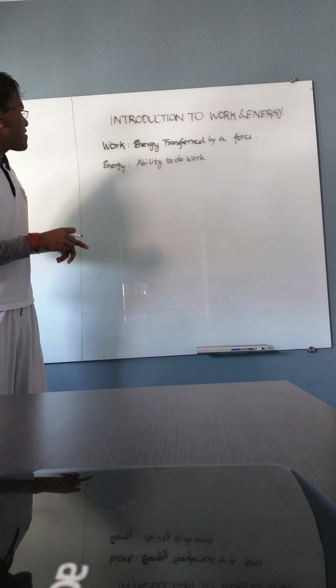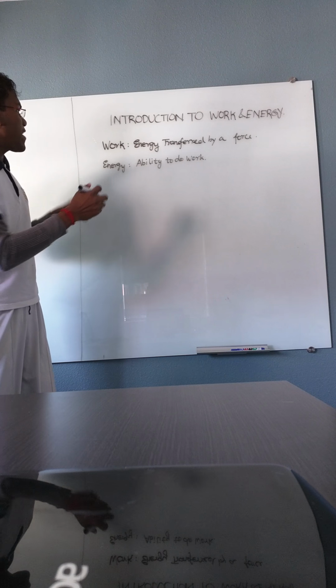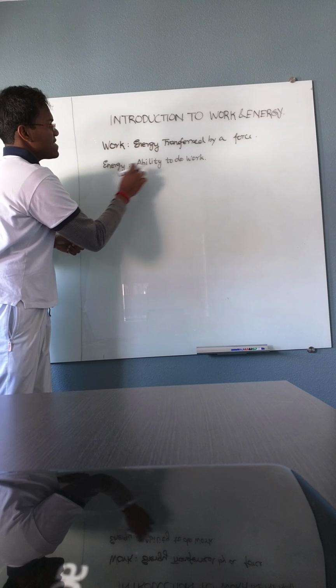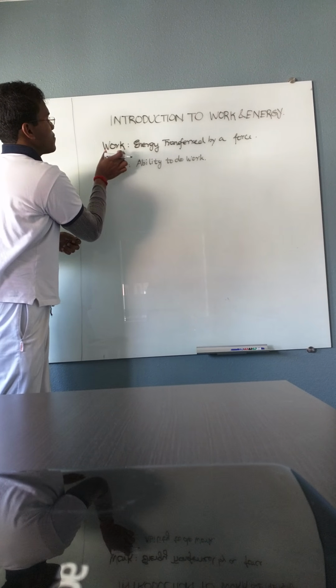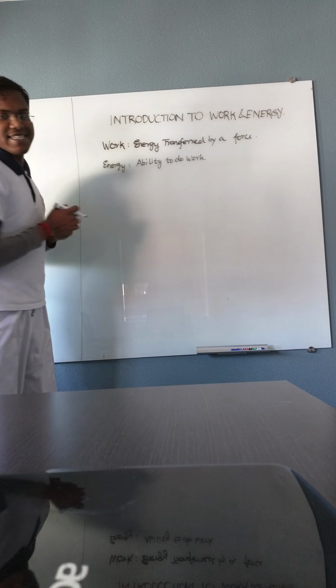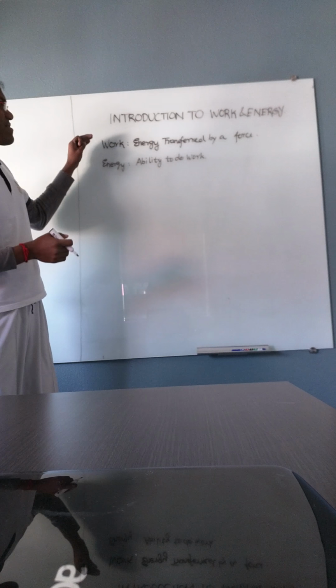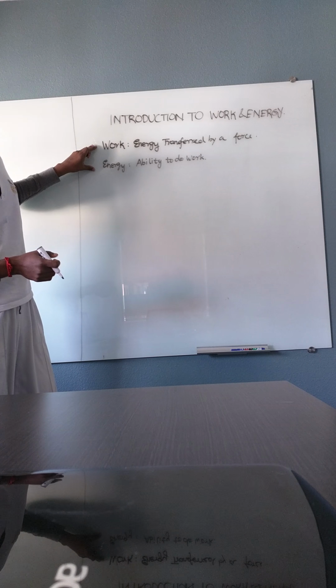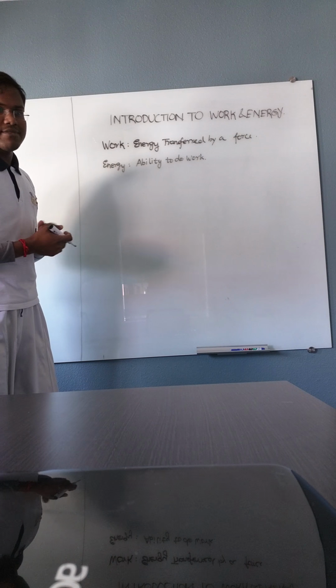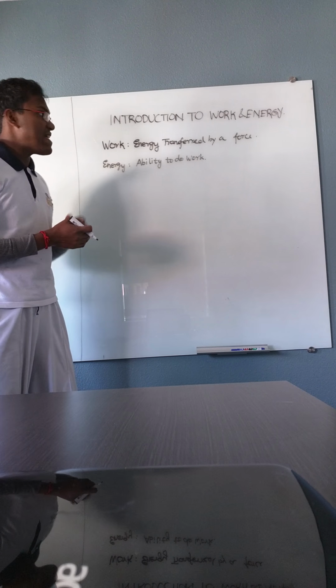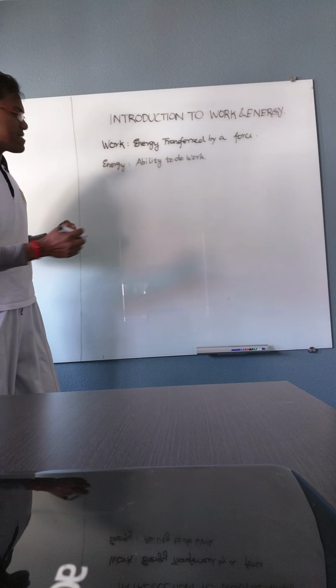As you can see, both these definitions are kind of circular. To define energy, we need to know work. To define work, we need to know what is energy. So let's keep these definitions here and take forward how these definitions apply in physics.